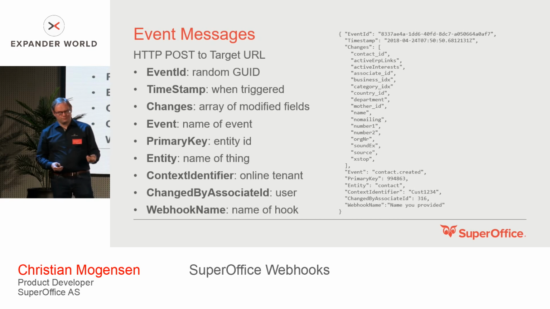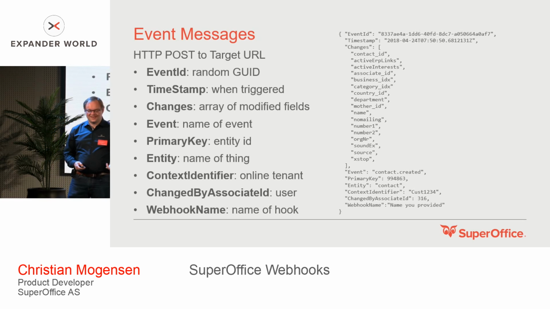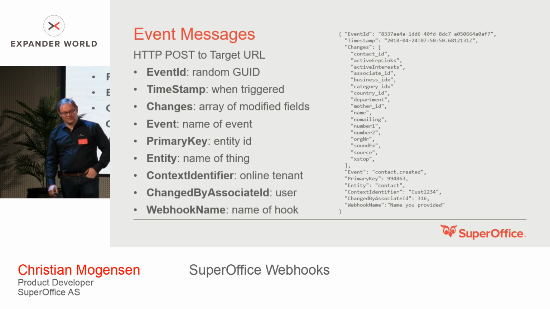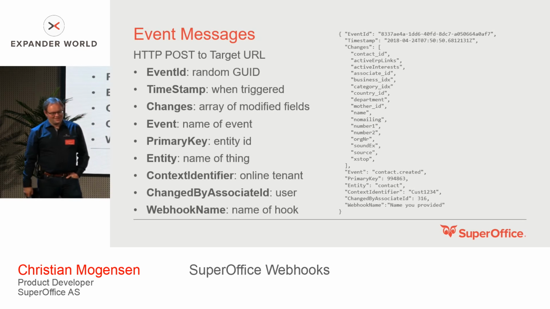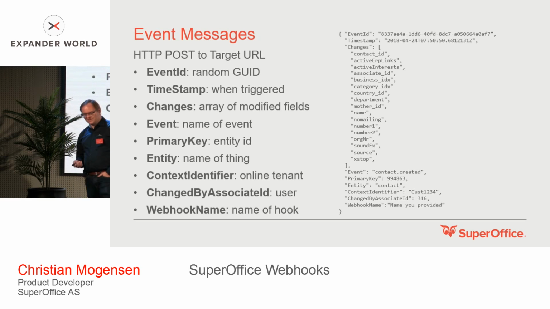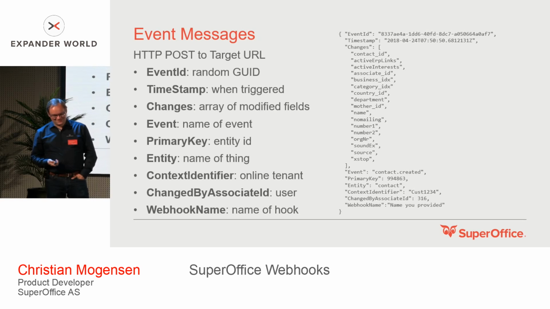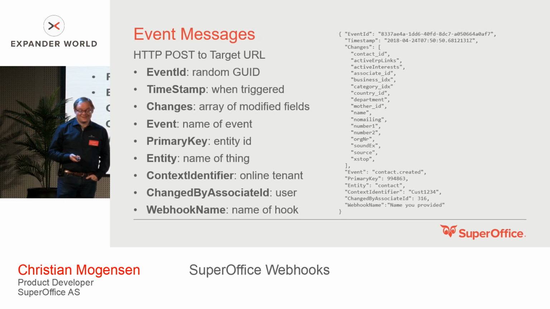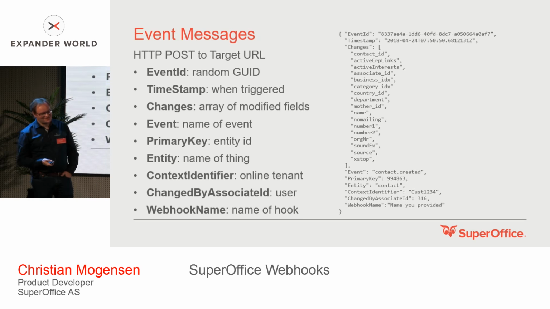Timestamps are also there, if you're curious as to when something happened, or whether this happened before the previous one. Again, that would be very unusual. It would mean the clock on the server is running backwards. But they say you should have these things in there, so we put them in.